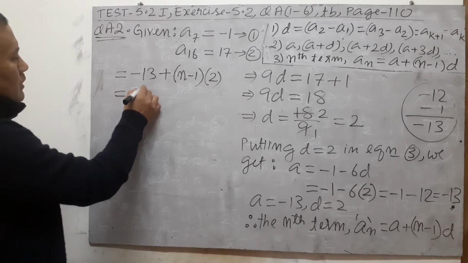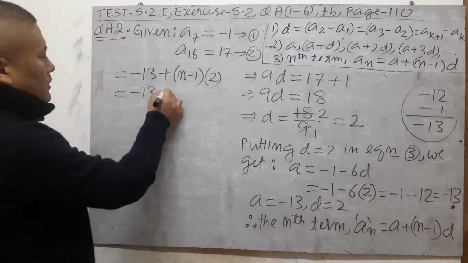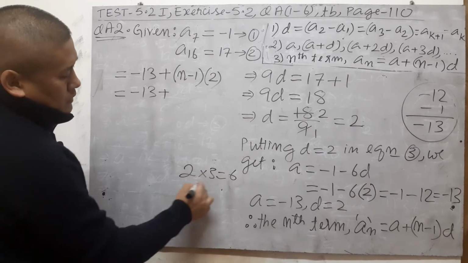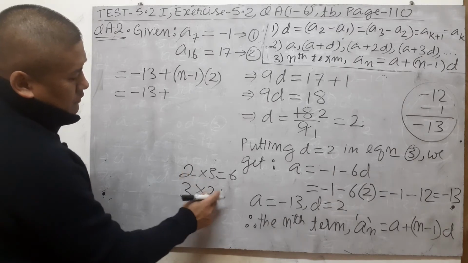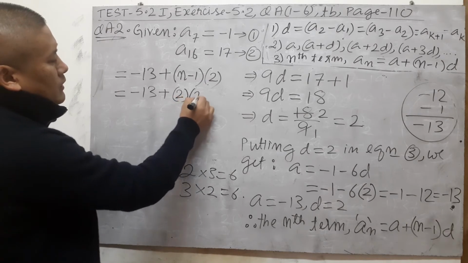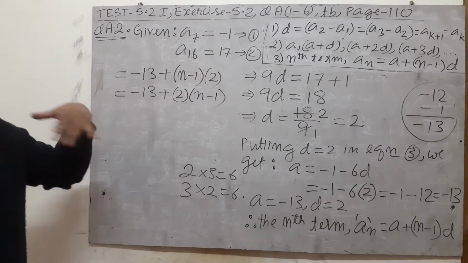So we're going to get here minus 13. Then if we want, you can bring 2 into 3 is 6. If we bring the second factor to the first position and the first factor to the second, it's the same result. So similarly, you can bring this 2 to the front and n minus 1 to the back, just to bring it to a form that you are accustomed to.